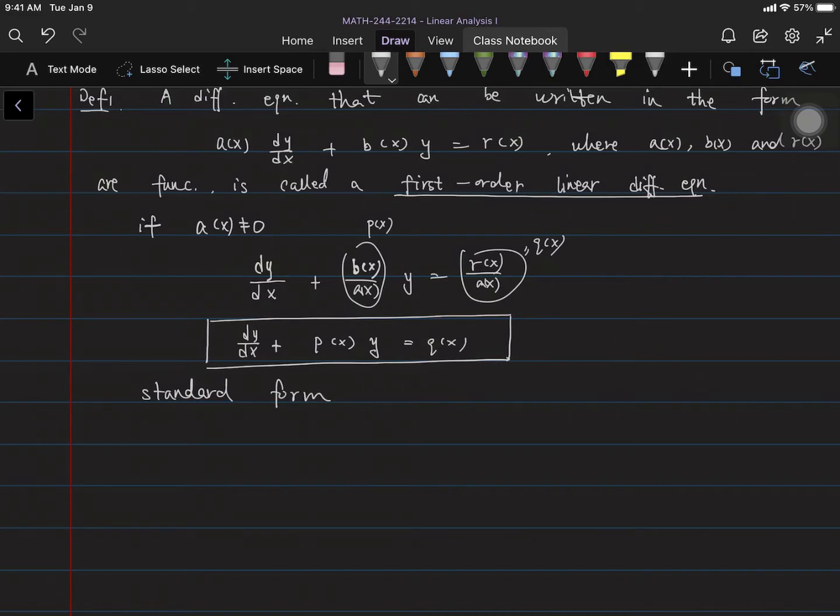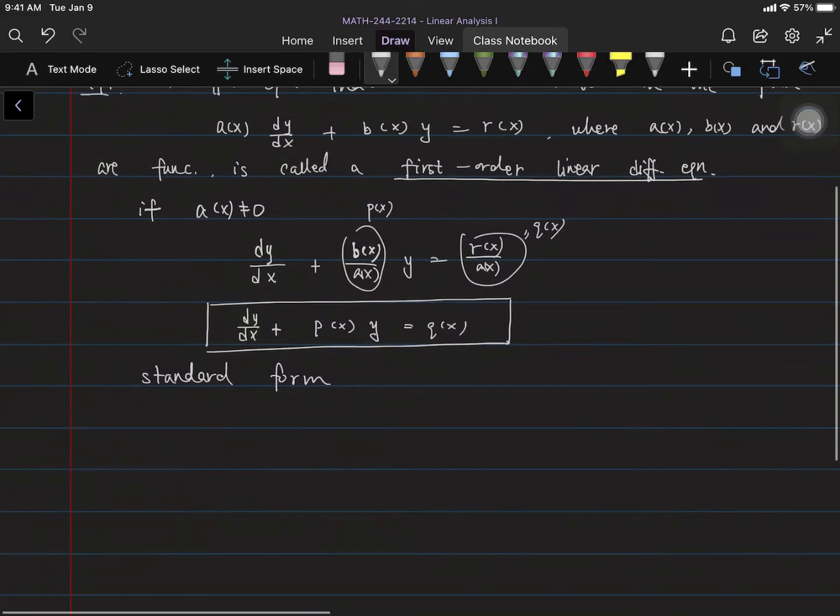So when we solve a differential equation, usually we need to simplify it and change it into standard form. And let's see, the general solution to this one is given by this formula. I will give you the proof of this solution later.